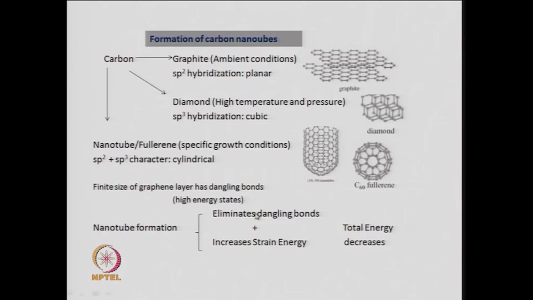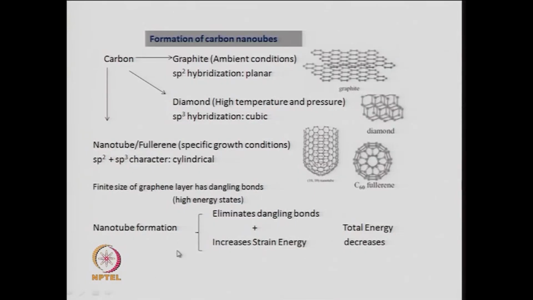Now, when you roll a graphene layer and make a nanotube, that eliminates these dangling bonds, and that is a very positive thing for lowering energy. When you are eliminating dangling bonds, you are stabilizing the system. Of course, because you are rolling the graphene layer, there will be an increase in the strain energy, but together these two factors will lead to an energy decrease, and hence the nanotube is formed.